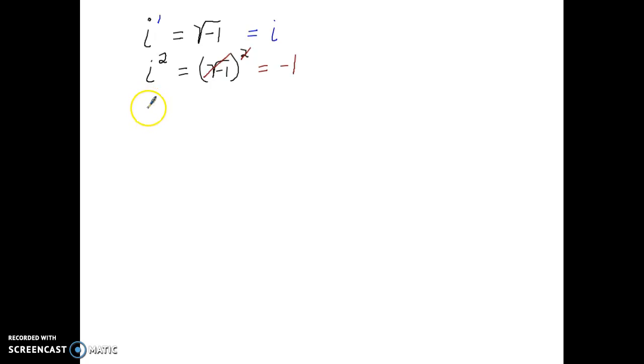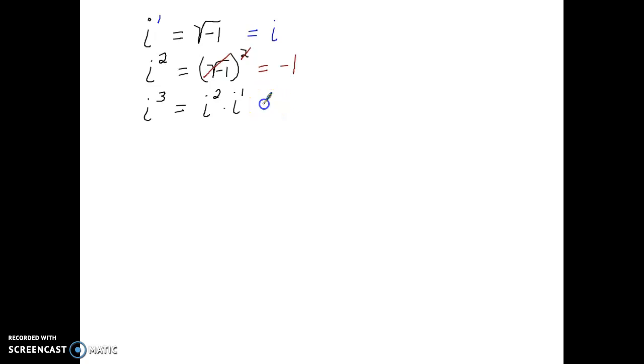Let's continue on and see what happens if we cube i. Now I'm going to use my rules for exponents. i to the third power is the same thing as i to the second power times i to the first power, because I would add those exponents, and 2 plus 1 equals 3.